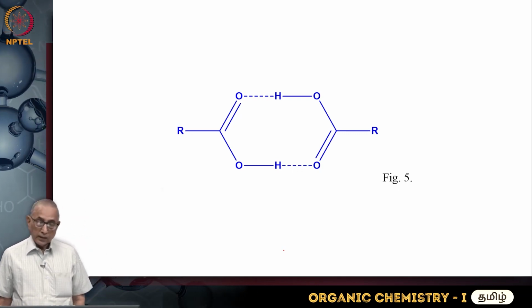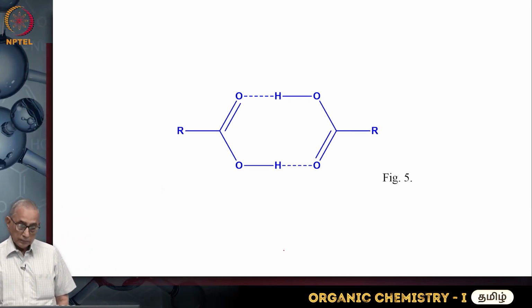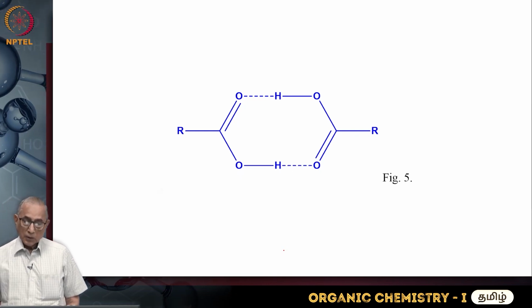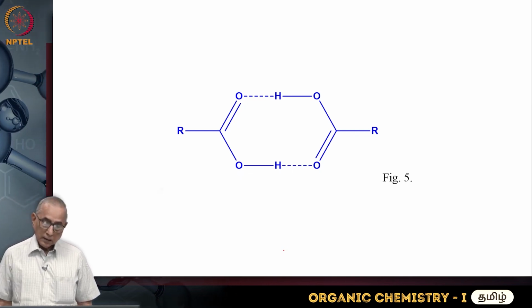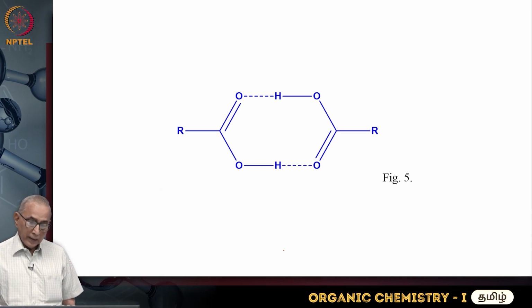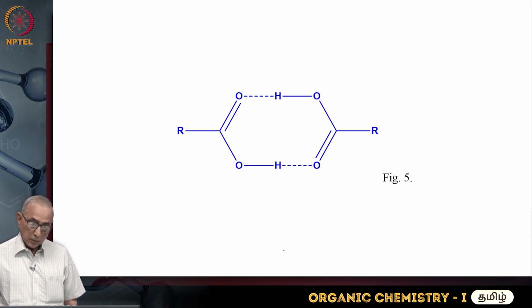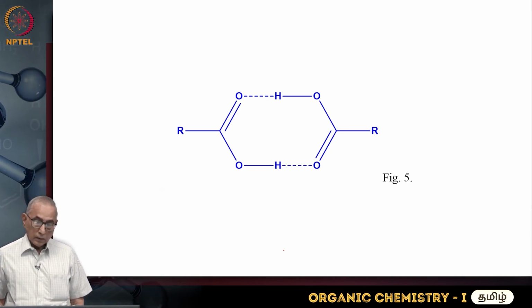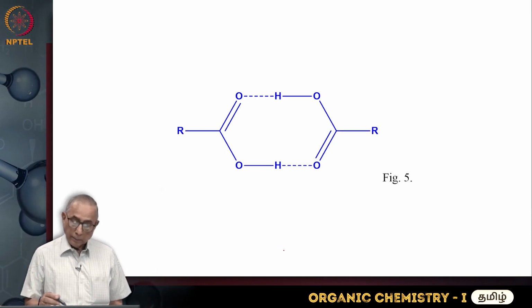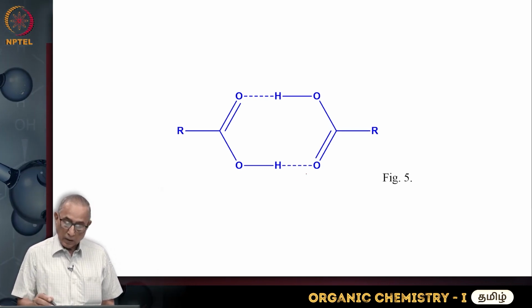முன்னாடி ஃபீனாலில் இந்த மாதிரி டைமர் ஃபார்மேஷன் which is responsible for boiling point increase, ஹைட்ரஜன் பாண்ட் மூலமாக டைமர் ஃபார்மேஷன் was responsible. இந்த கார்பாக்சிலிக் ஆசிடில் இன்னும் more tight dimer bond is formed.